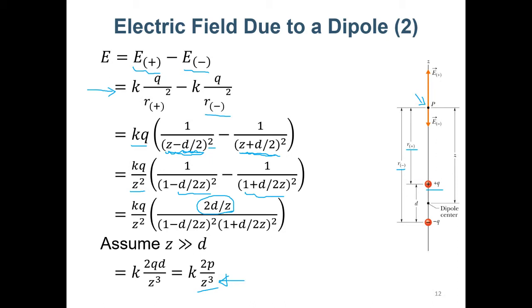So this one cancels with this one. This one cancels with this one. So we have this one minus this one. So we have 2d over z here. And then this one is like this.